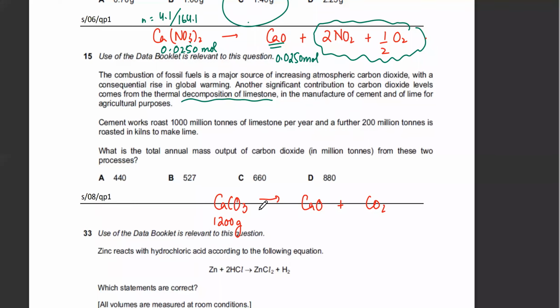If this was a theory question, you would have to do all the conversion. You can't do this there, but in most questions you can do shortcuts like this. 1200 million tons: million is 10 power 6, a ton is 1000 kg, and every kg is 1000 grams. So it's going to be a lot of zeros.